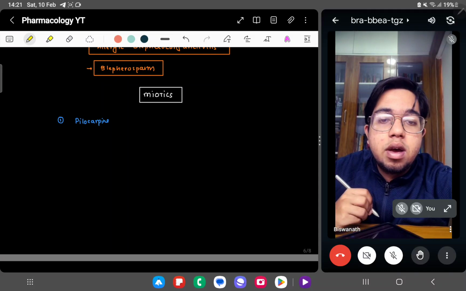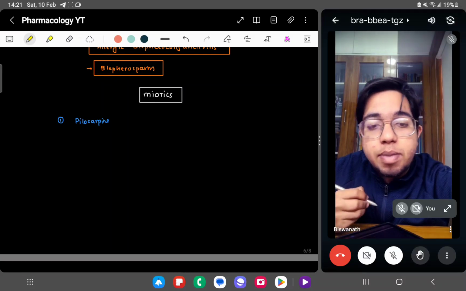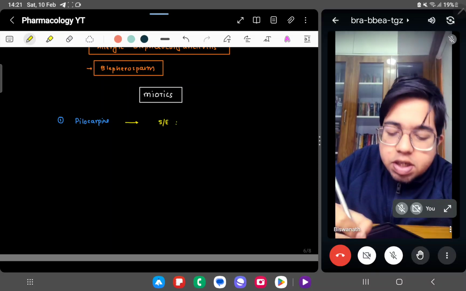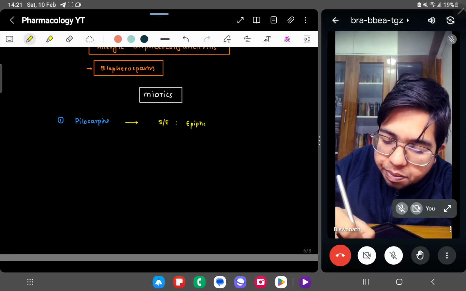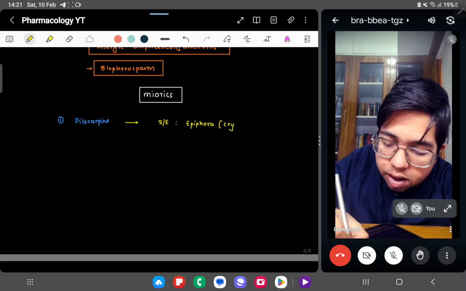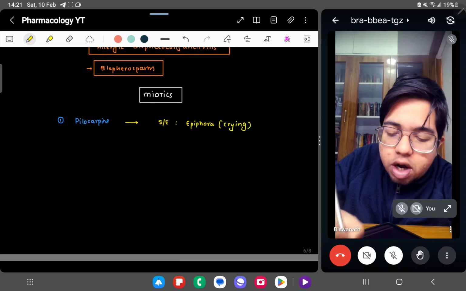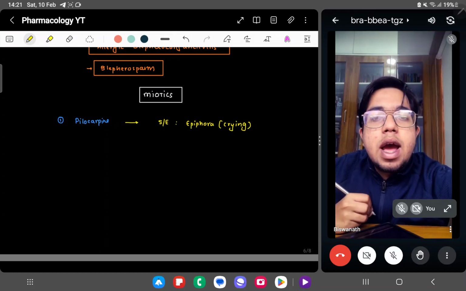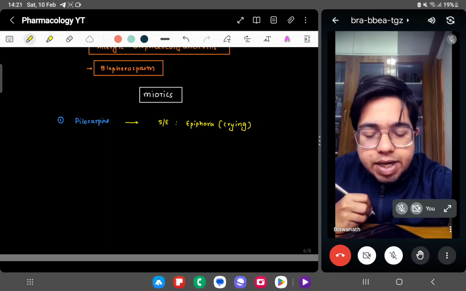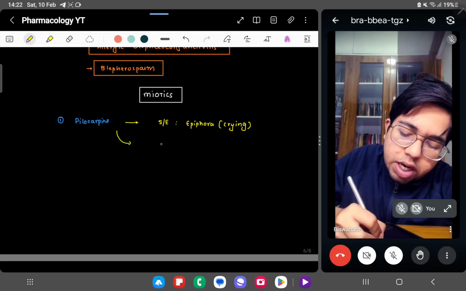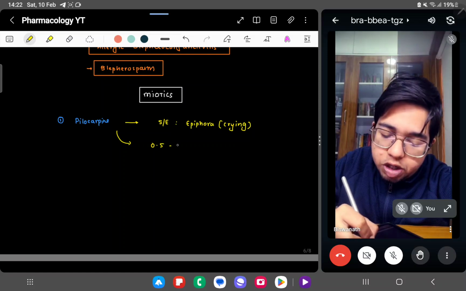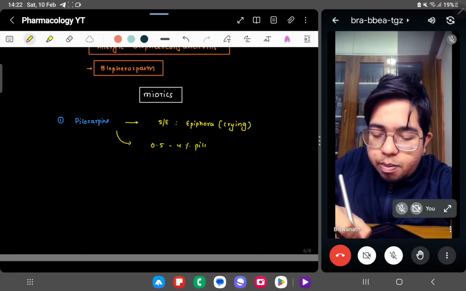But you can just remember that it will cause a specific side effect called epiphora, that is, crying. Okay, and pilocarpine is present as eye drops. So you can prescribe pilocarpine eye drops, in strengths of 0.5 to 4%.